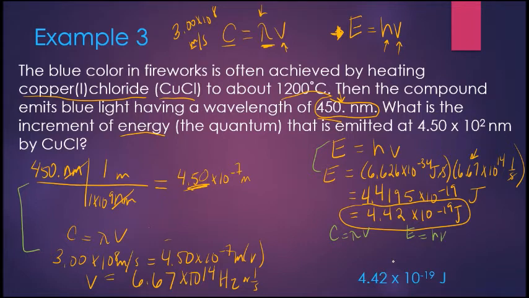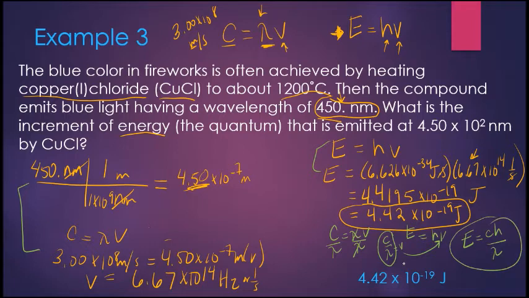So basically what I can do here is manipulate my equation. I can divide both sides by lambda, right? So I get c over lambda equals v. What can I do now? I can take this c over lambda and I can stick it in for the v. So energy equals c times h over lambda.